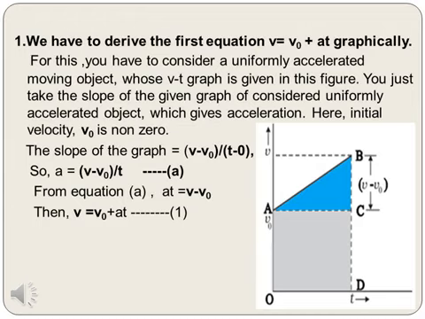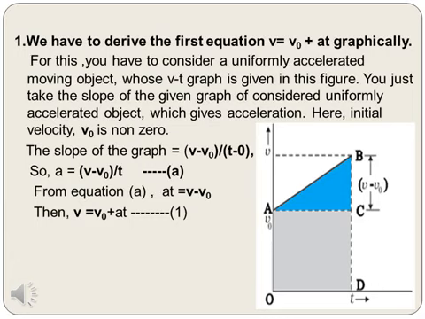What should be the slope of the given graph AB? It can be determined by using the mathematical expression y2 minus y1 divided by x2 minus x1, which you studied in the previous class.